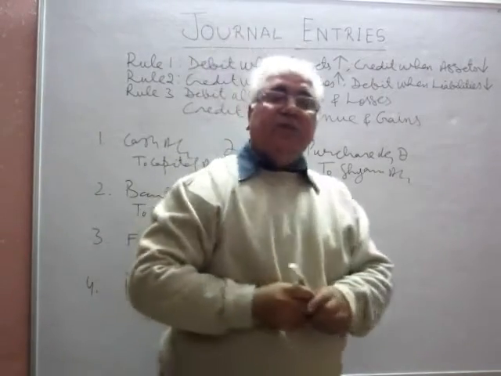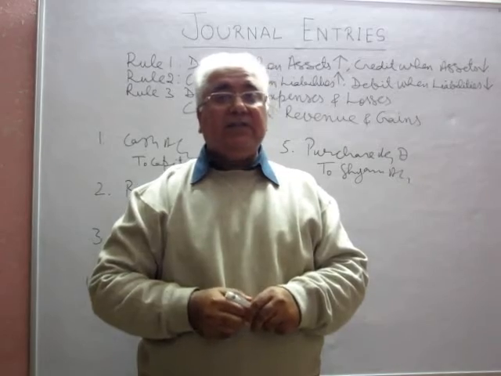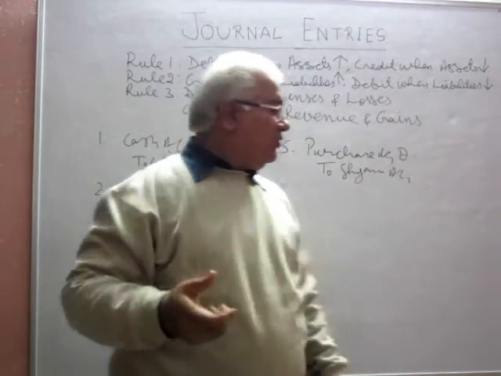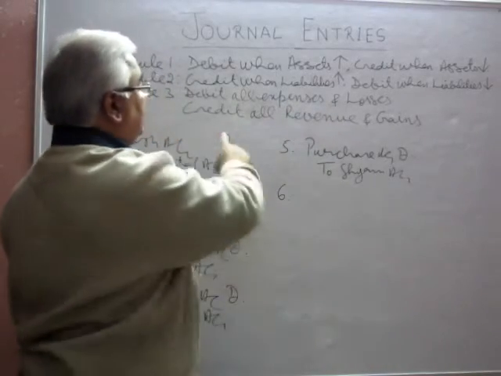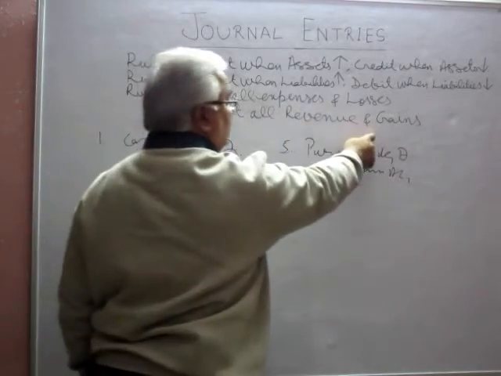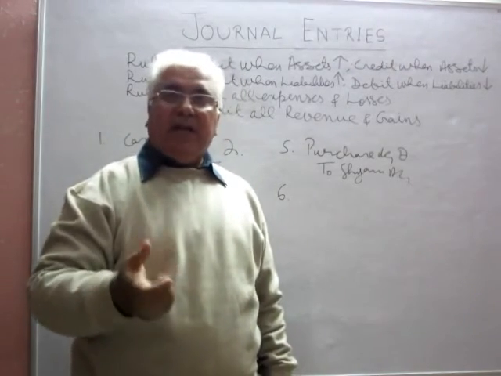Next is sold goods for cash. In this case, sales account is a revenue account, and the rule for this is credit all revenues and gains. Hence, sales will be credited.